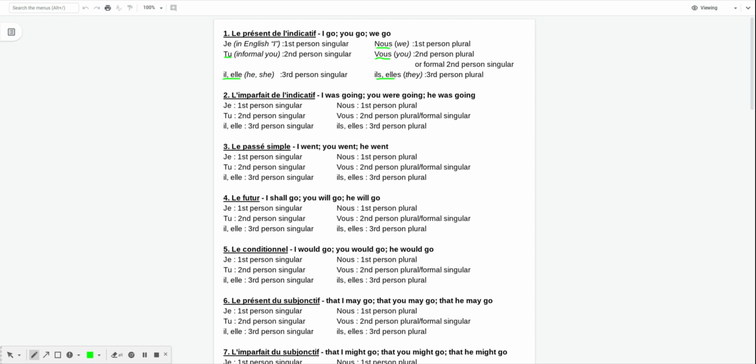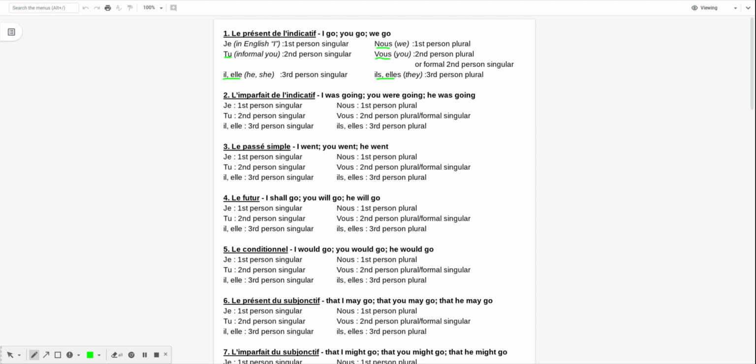So what we're going to do here is take a look at each of these. The first one, of course, we looked at, le présent de l'indicatif, which sets the pattern. The first one after le présent de l'indicatif is l'imparfait de l'indicatif.